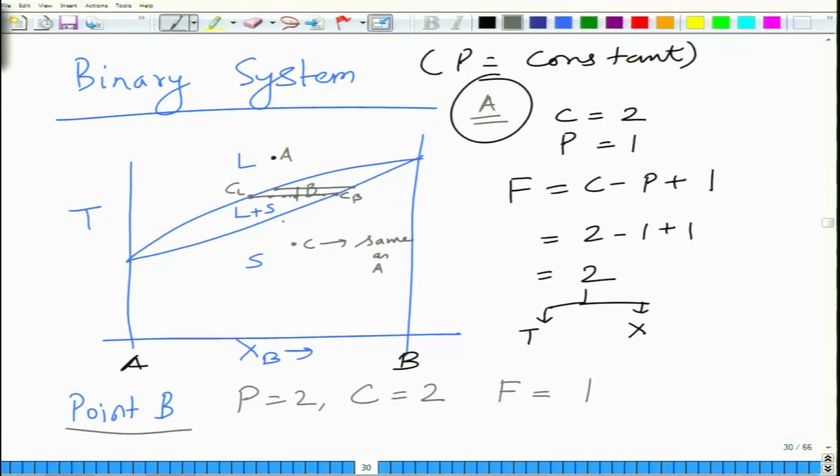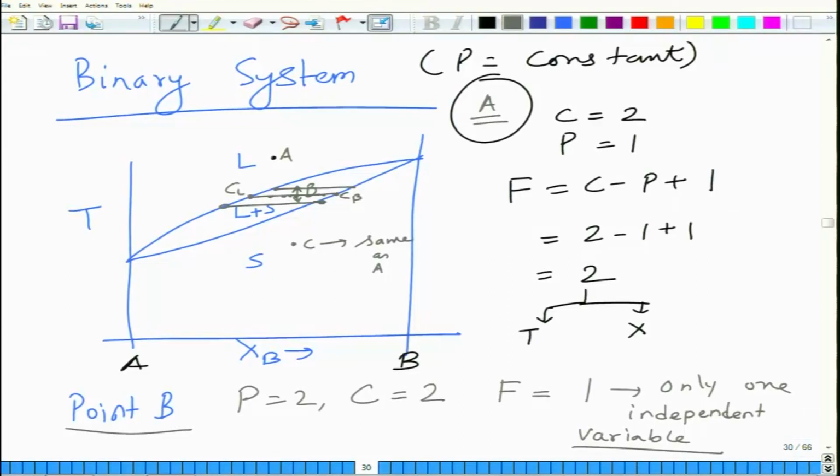So, if you vary temperature, your composition is automatically fixed. So the only variable is one independent variable, because you move along a line. When you go to this point or the point below, the compositions are automatically fixed. So there is only one independent variable that can be changed in case of two phase equilibrium.